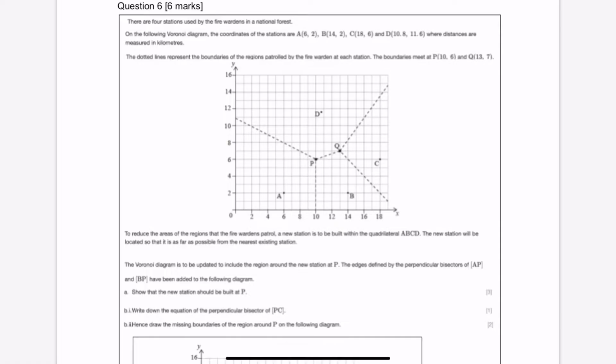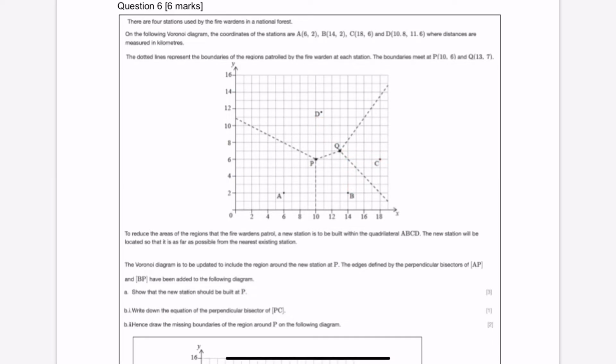So it would probably be easiest to either pick B or D to do this because I can use the same point to measure the distance to both of them and find which is further away. I could do the same here with B, or I could do A with P and C with Q, for example. But we know that this distance is going to be the same, and I just need to find the two.